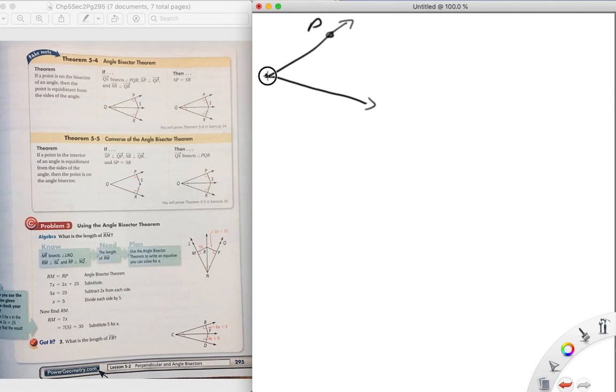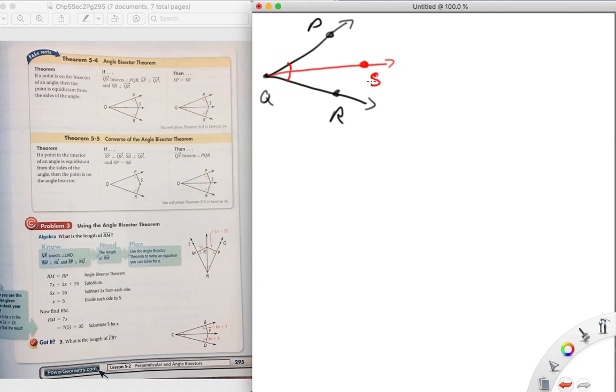P, Q, and R. An angle bisector is a line or ray that goes through the angle such that it cuts the angle in half. So this angle is now being cut in half, and we cut it at this particular spot.